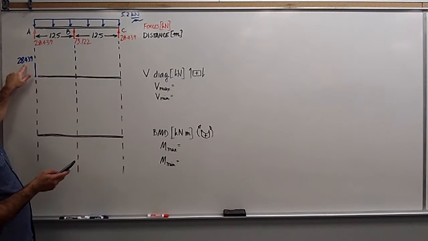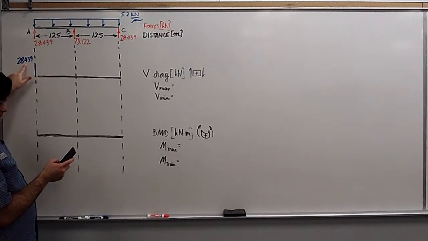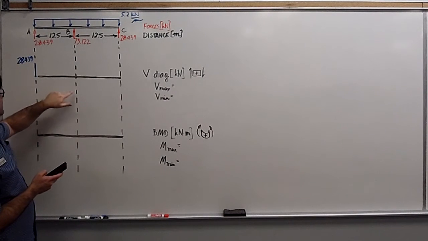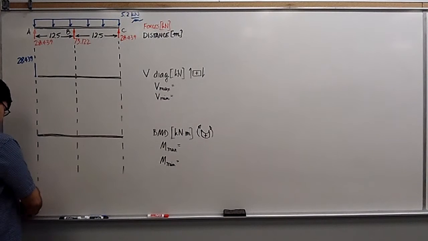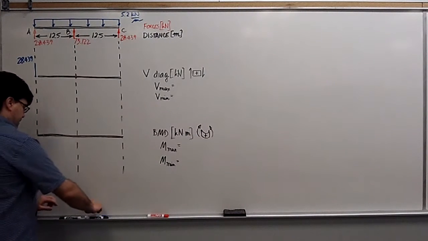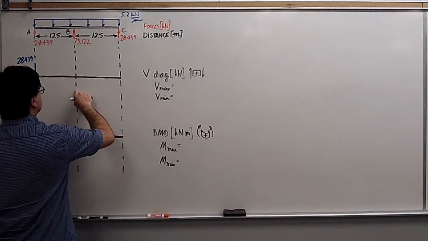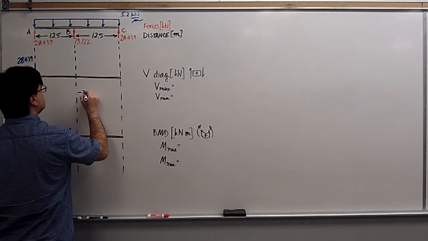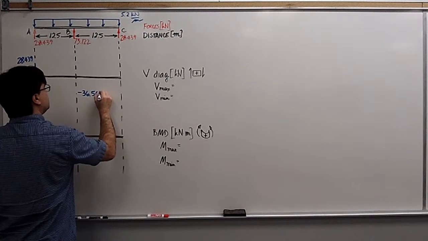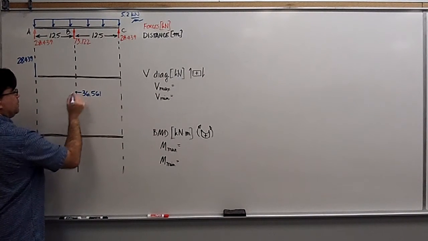So if we take this and subtract 65, that gives us 36.561. Okay, right here.